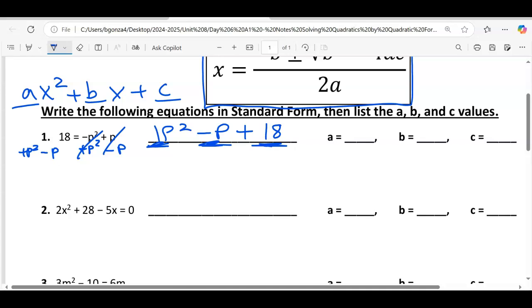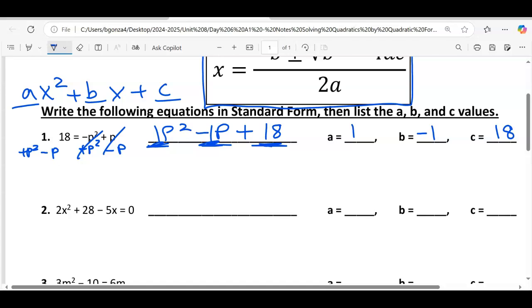And similarly, negative p means negative what? Negative 1. So if there's a negative with no number, that means negative 1. And that's going to tell us our A, B, and C. A is 1, B is negative 1, and C is 18. Cool.